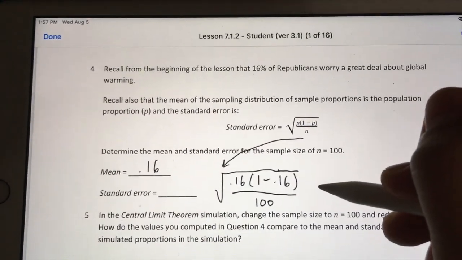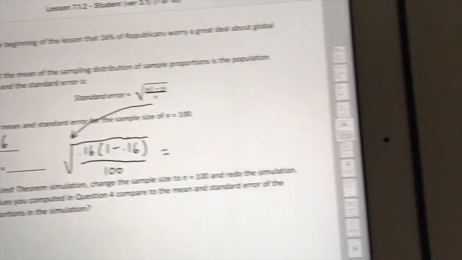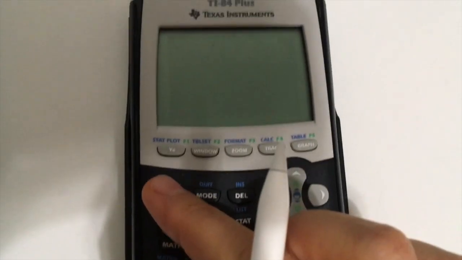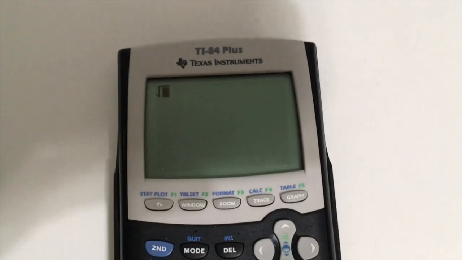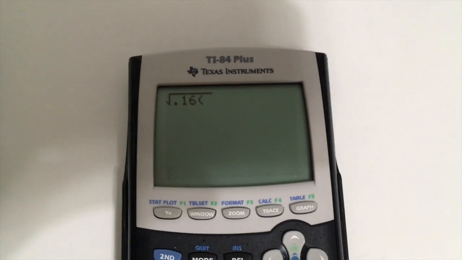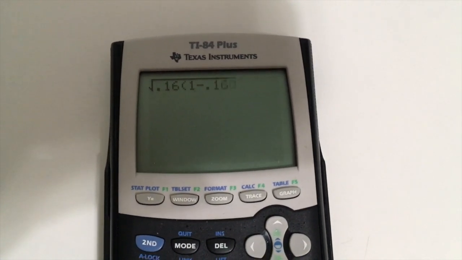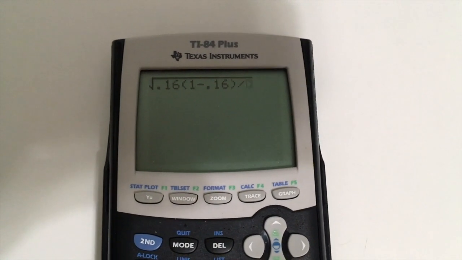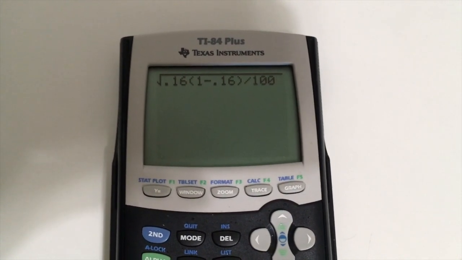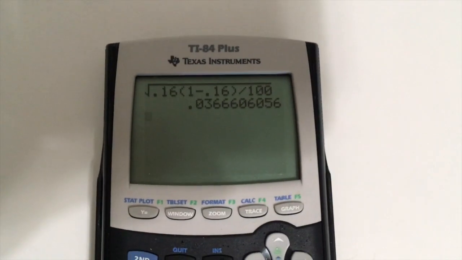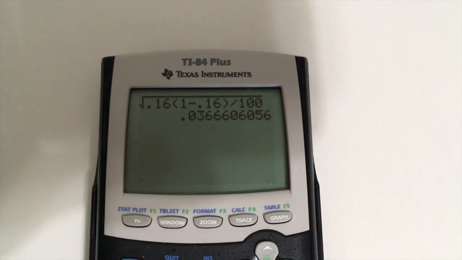So we're going to put that in our calculator. Let's see what we get. I'm going to press second, and then the square root symbol, and then 0.16, parentheses, 1 minus 0.16, close parentheses, and then divided by 100. When I hit enter, I end up with 0.037.